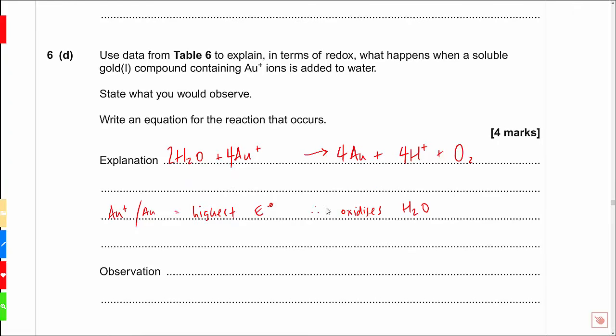I'm going to add in here, to make it really clear what is oxidizing H2O. So this half equation has the highest electrode potential, and the Au+ is therefore going to oxidize the H2O. Observations, what would we see? Well, we're going to produce gold.